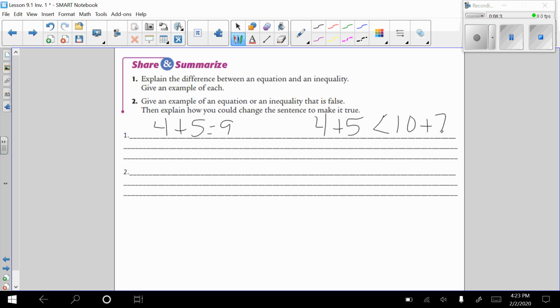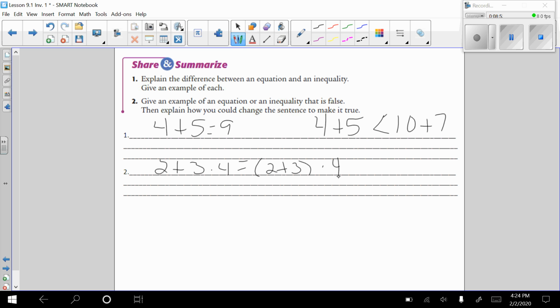Give an example of an equation or an inequality that is false, then explain how to make it true. Well, a false one would be, let's say, 2 plus 3 times 4 equals 2 plus 3 times 4.